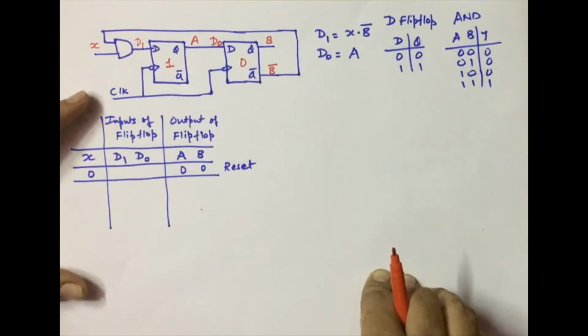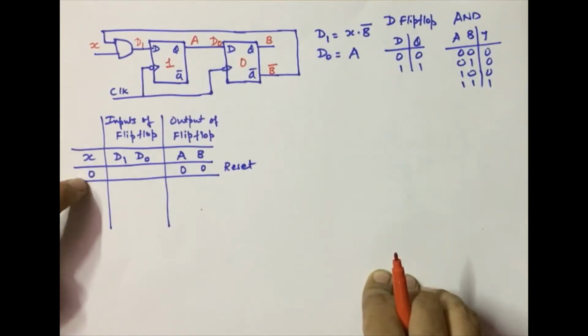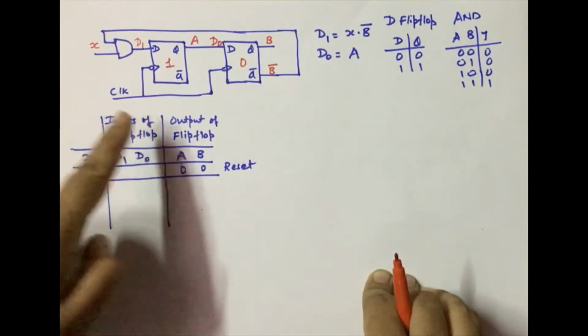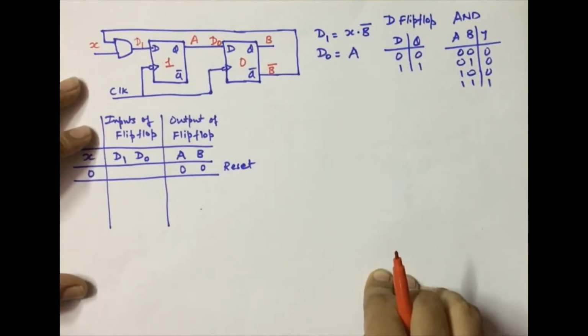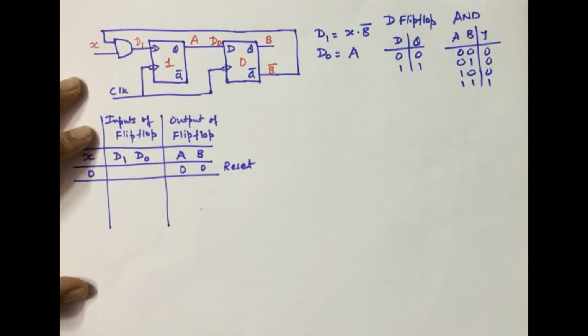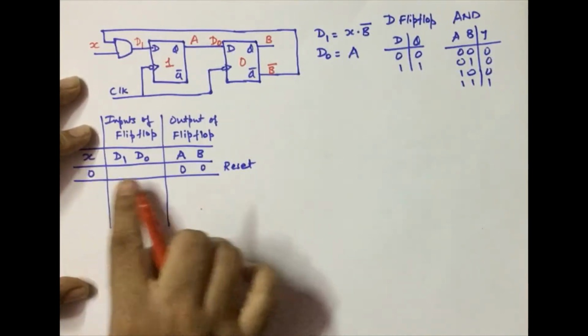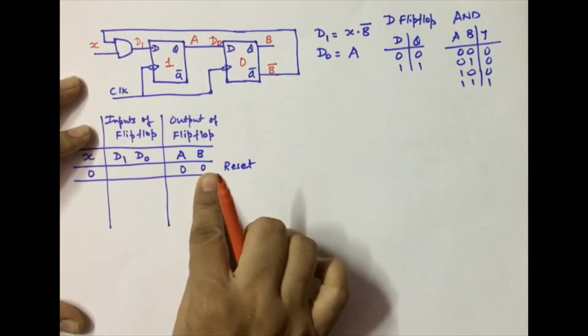Initially, we are assuming that input is 0. Both the outputs of the flip-flops are also 0. We call that the reset condition. At the time of reset, X, A and B are 0.